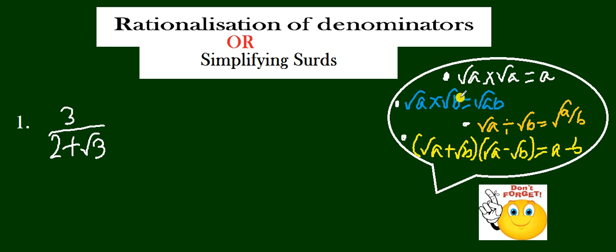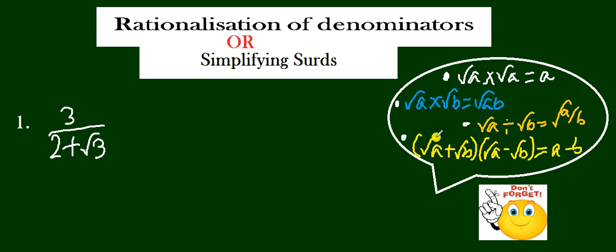The first one is root a times root a is always a. For example, root 2 times root 2 is 2. The second one is root a times root b is always equal to root of a times b. Root a divided by root b is the same as root of a over b.